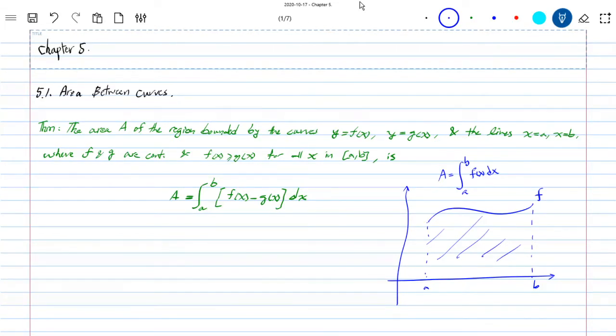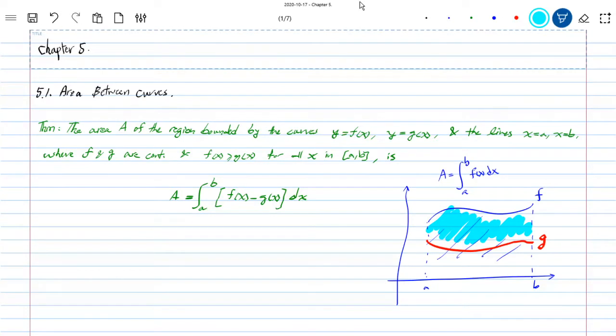Today, what we're going to talk about is the area between two functions. Assume you have the function f and there is a function g. Call this g. Our problem is, what is this area between the two functions? It's quite simple to figure out. We know the area under the function f.